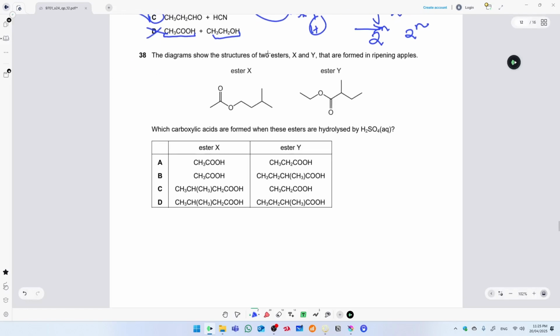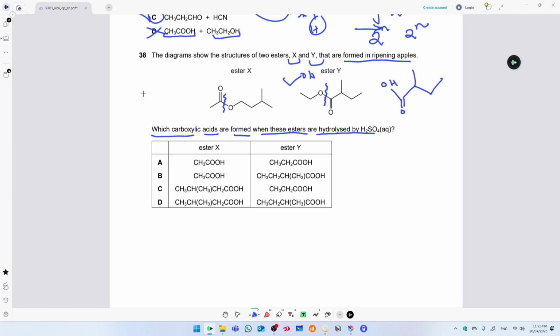Diagram shows structure of two esters, X and Y, that are formed in the ripening apples. Which carboxylic acids are formed when these esters are hydrolyzed by H2SO4? So you break it after the double bond O. So you have this as here, and this here, also this.